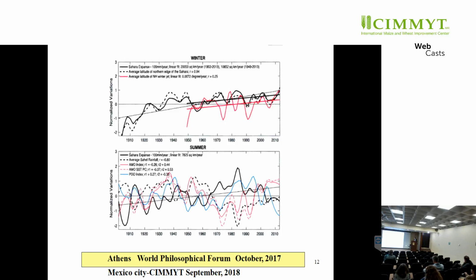What is important is the correlation they found for the expansion, shown over there along the time axis. The expansion seems to be linear, that linear curve, for the winter and also for the summer.